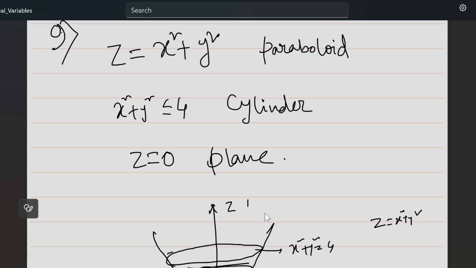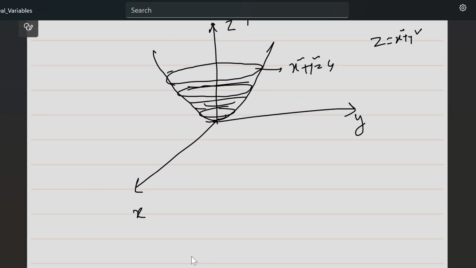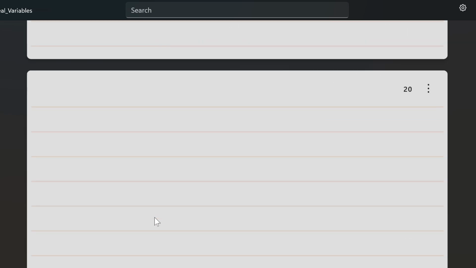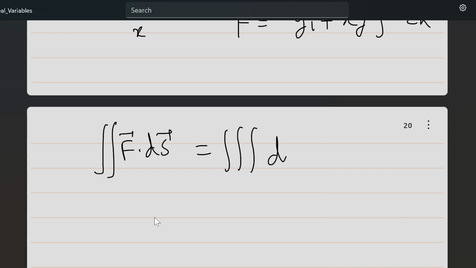Fine. So you have to find the surface. What is f, by the way? So here f is y i plus x y j minus z k. So you have to find the surface integral of f using divergence theorem. That is the integral of divergence of f dV over the volume.